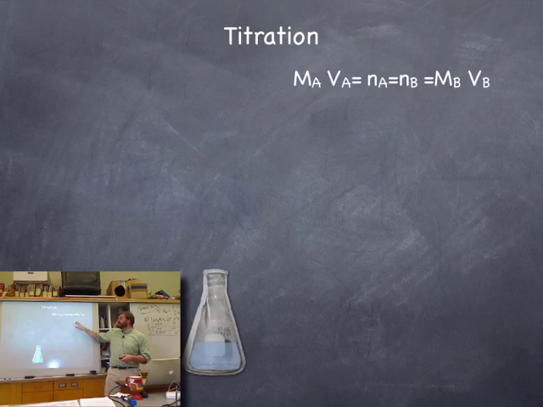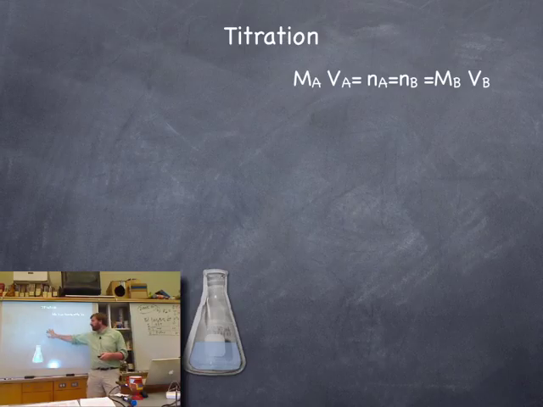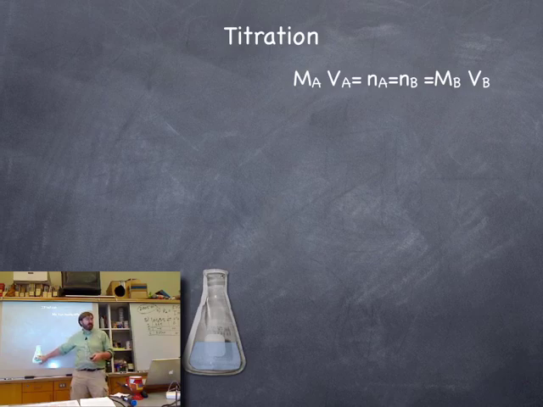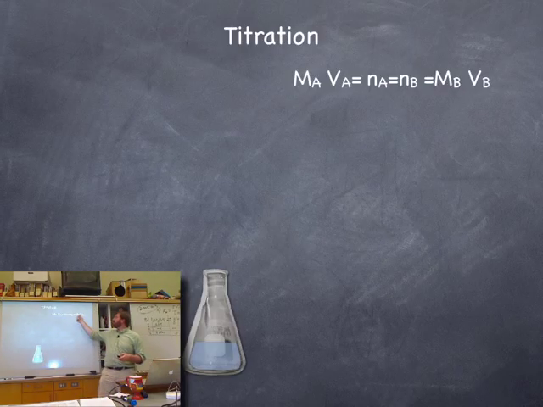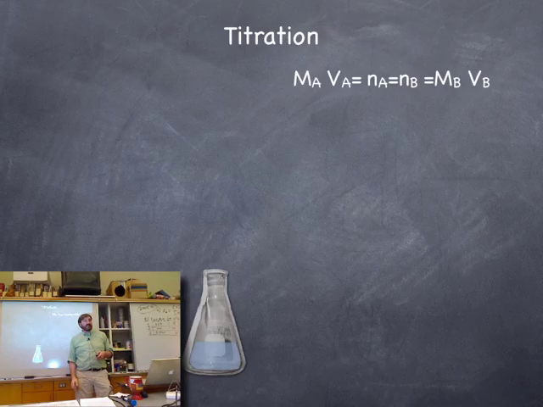But the idea here is that we're going to take this ethanoic acid solution and drip in some base, probably something like sodium hydroxide. And at some point, the moles of the base that we've added will equal the moles of acid we started with, and we'll be at the equivalence point.